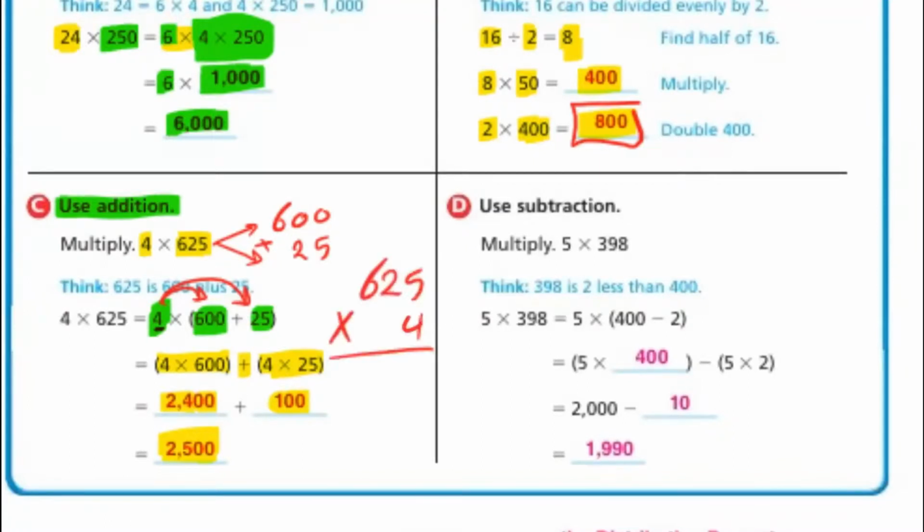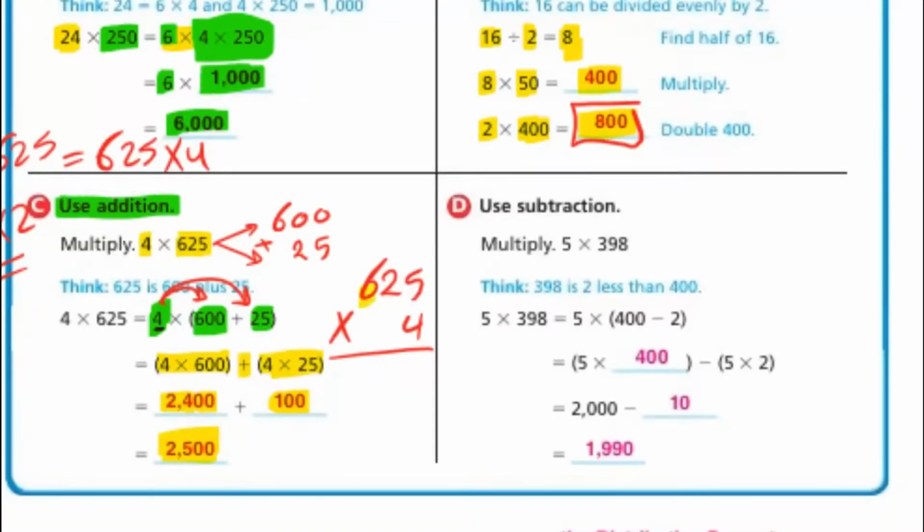As we all know, if we start with 4 multiplied by 625, it's the same way if we say 625 multiplied by 4, because 2 multiplied by 3 equals 3 multiplied by 2. Okay, so you can start with any number. I prefer to start with the big number, okay, which is 625. Okay, let's multiply by 4 here, as I said before in the previous lesson, with partial products.